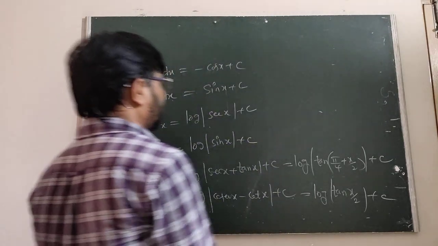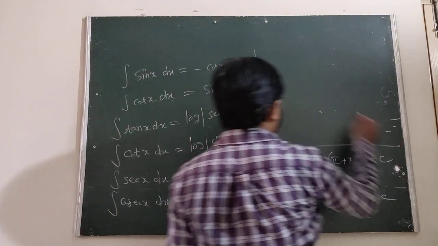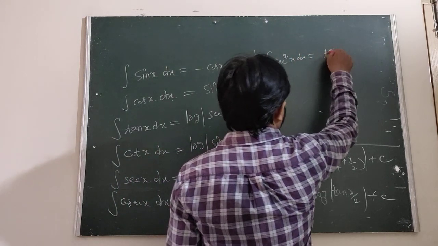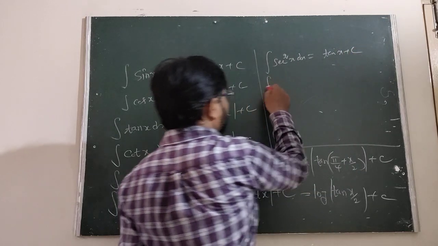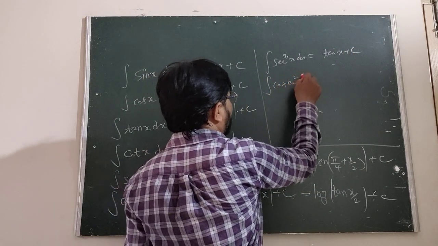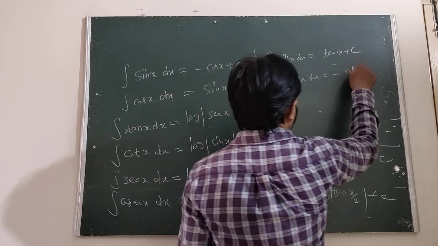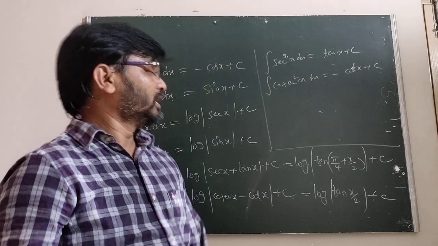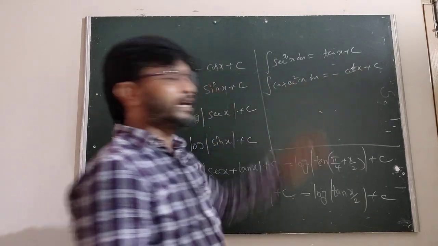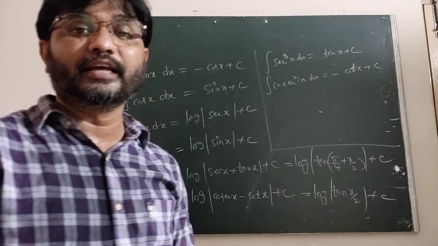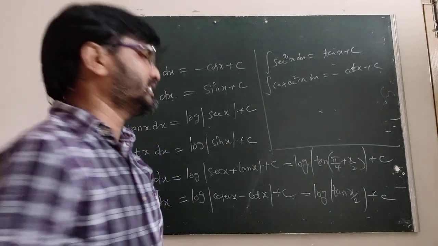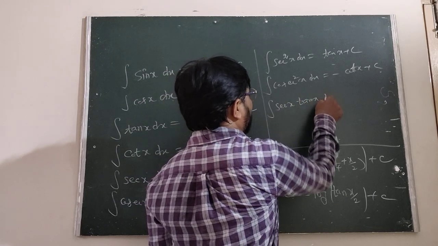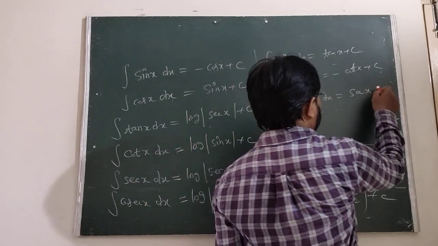Now we also know that the derivative of tan x is secant square x. That's why the integral of secant square x dx is tan x plus c, and the integral of cosecant square x dx is minus cot x plus c. Therefore the derivative of minus cot x is cosecant square x. Then also we know that the derivative of secant x is secant x tan x. Therefore the integral of secant x tan x dx is secant x.